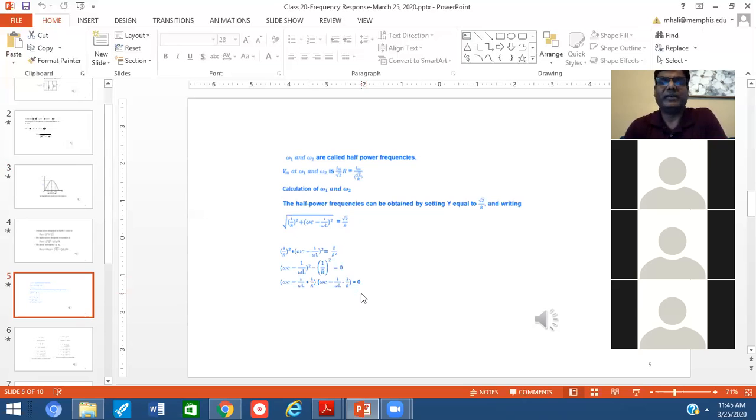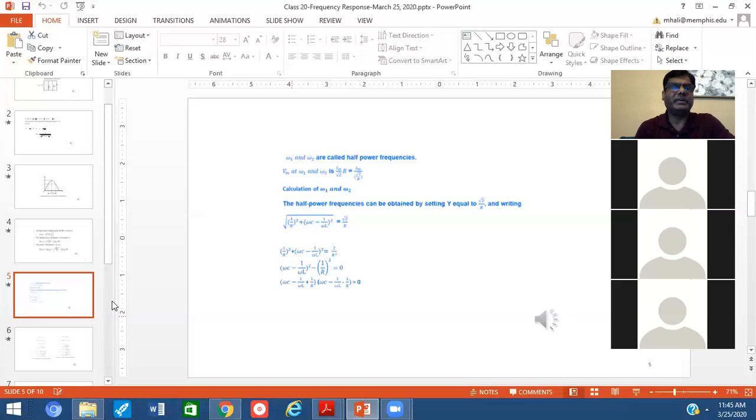So this is equivalent to a minus b. Based on that, as you can easily guess, there will be two solutions for omega based on the left side component and the right side component in parentheses.